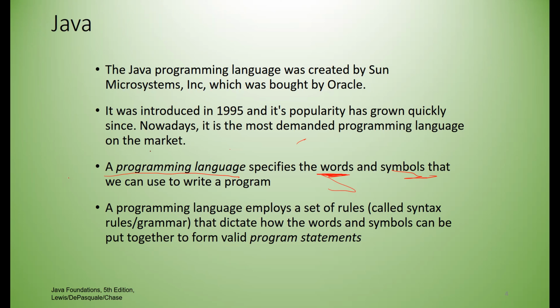So a programming language is composed of words, symbols, and the way you arrange them to make it meaningful, to make it understandable. And a programming language is to make it executable. That means the computer will understand it. To be good at a programming language, you must be able to remember the words, right?